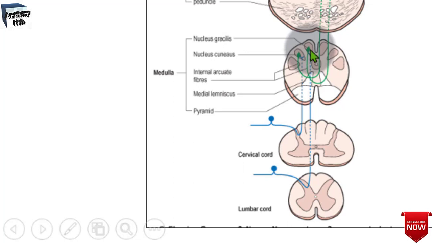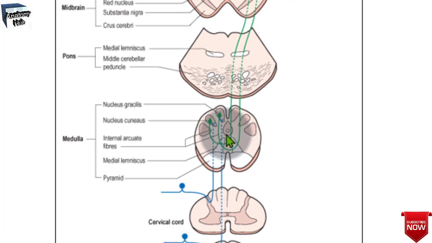The axons of the second order neuron ascend ventromedially as internal arcuate fibers that you can observe here, and these fibers cross the midline to form the medial lemniscus.